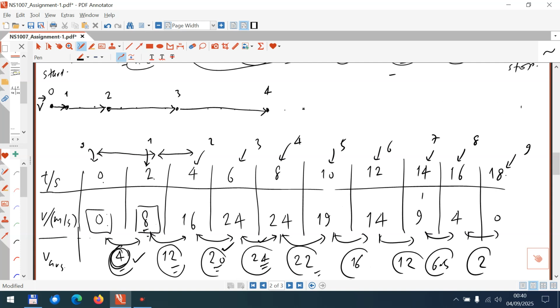So 1, 2, 3, 4, 5, 6 is for 24, and we need 22, so a little shorter. This is our frame 5, right? The next one is 16. Okay, 4, 8, 12, 16. 1, 2, 3, 4 times 4 is 16. So this is our frame 6.